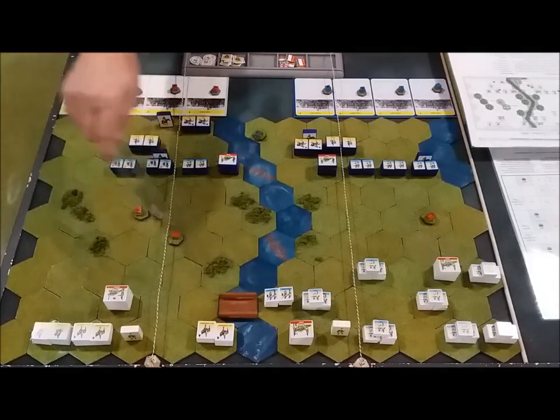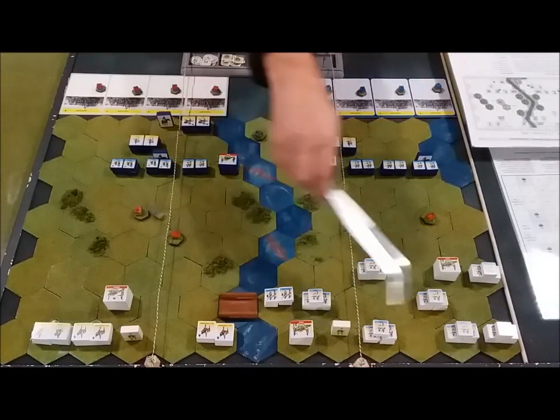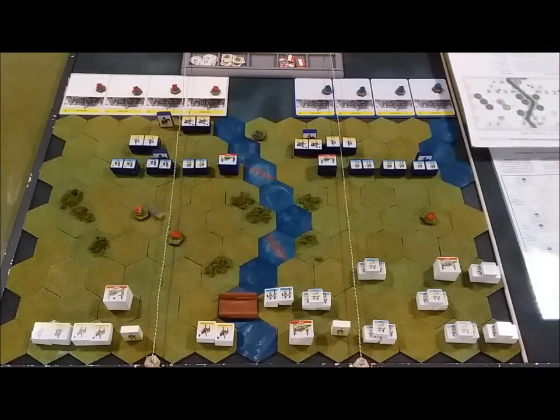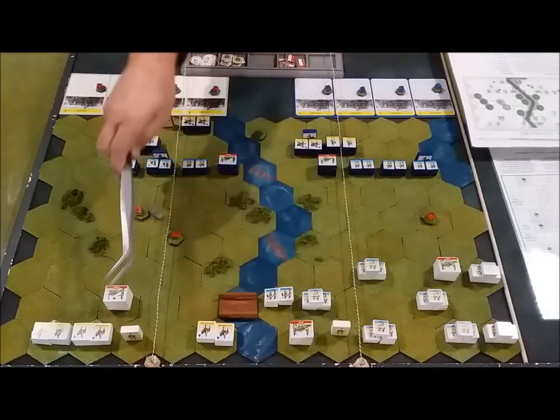It's all cavalry and horse artillery on the left flank, and all foot units on the right flank, whereas the French have a good mix of line units here, light heavy cavalry, foot artillery, line units, light units, heavy cavalry, light cavalry again, and again lots of leaders, 4 leaders against 2.